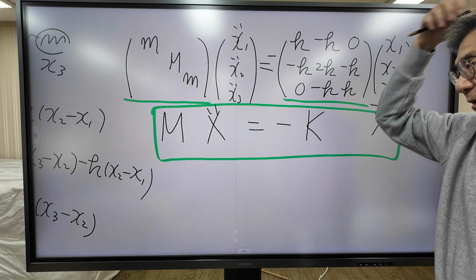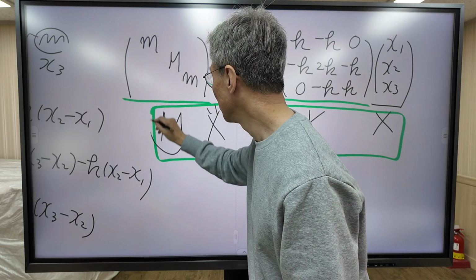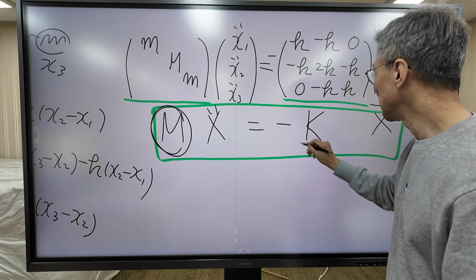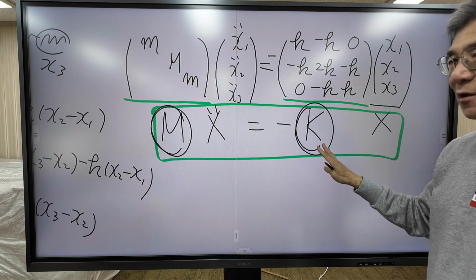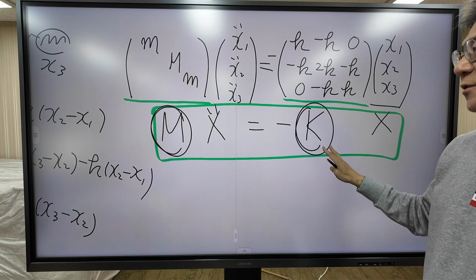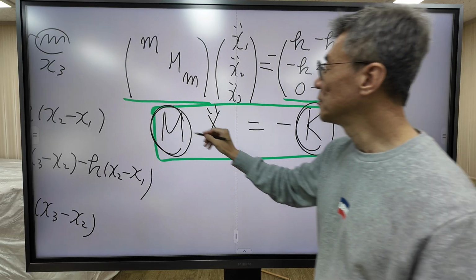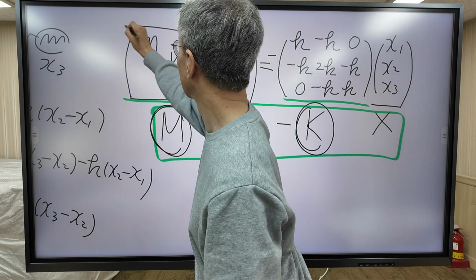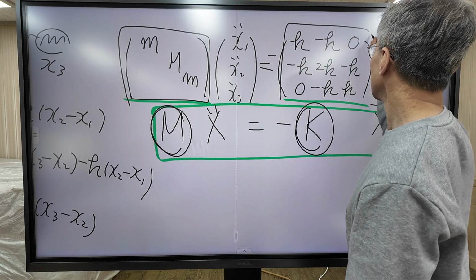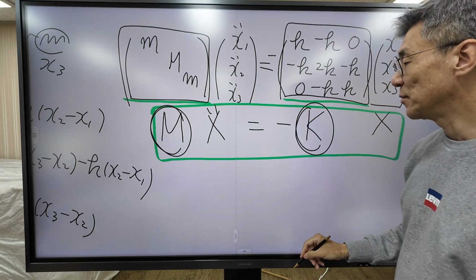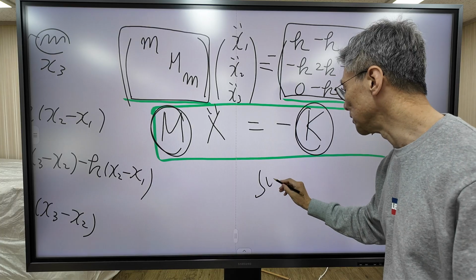Now, this matrix M and this matrix K share some important characteristic features. This matrix and this matrix, according to mathematicians, are symmetric matrices.